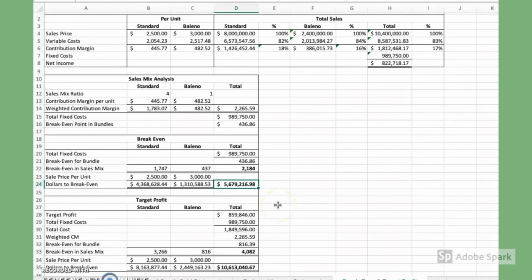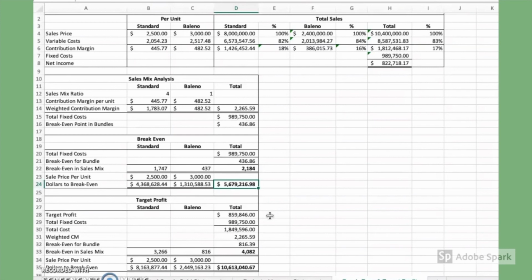This is a very similar process, and the target profit just needs to be added to it. So we start with our target profit of $859,846. We add this to our total fixed costs, and we get our total cost, which is $1,849,596.